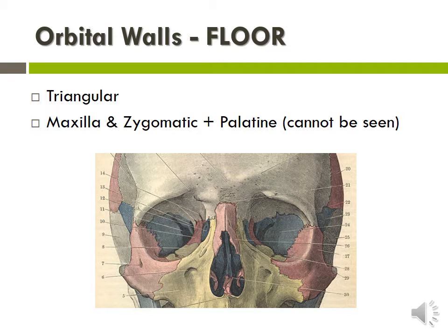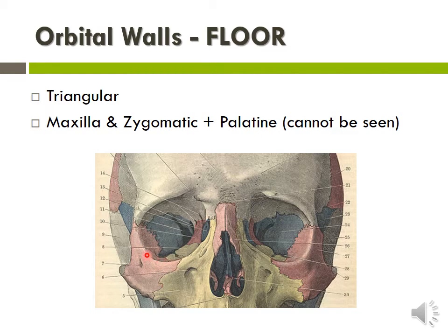Now we'll discuss the floor. I'm not discussing so many points on the floor. Again, the shape of the floor is like a triangle, and it is made up of three bones: maxilla, zygomatic, and palatine. So you can see that this is the zygomatic bone.